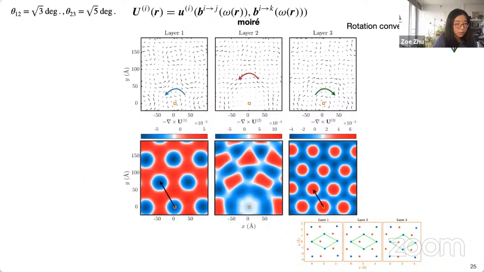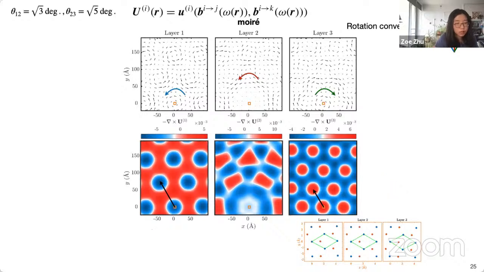We notice that near the origin, there are rotations in the same direction as the global rotation direction, and this is to minimize the AA areas in order to minimize the total energy. We note that relaxation indeed happens at the corresponding moiré scale between layer 1 and layer 2, as well as layer 2 and layer 3.